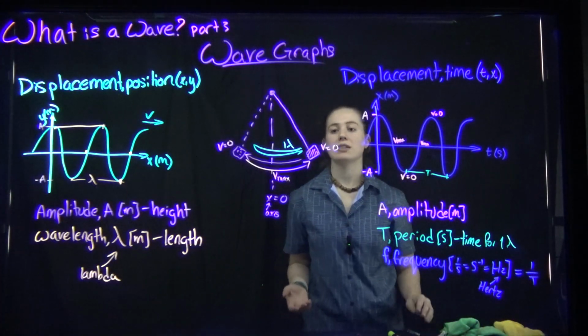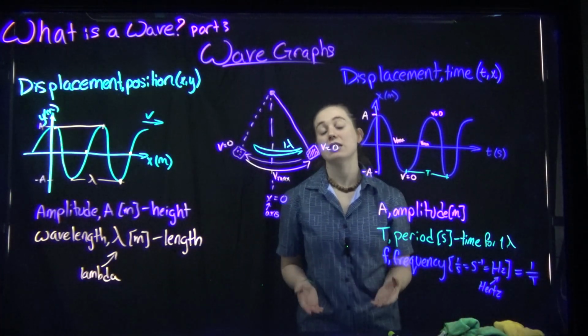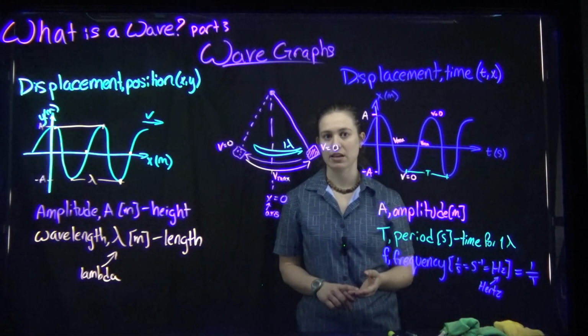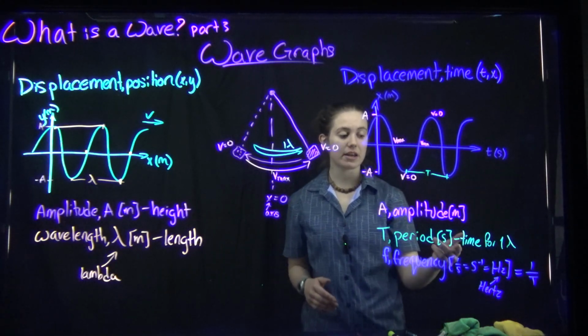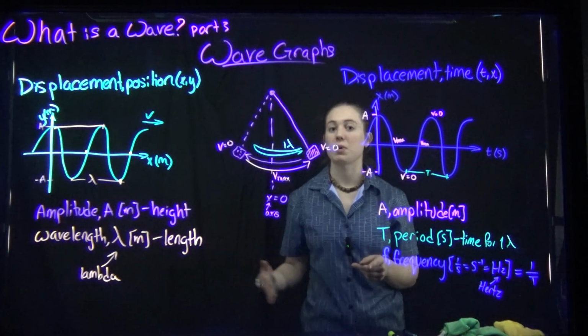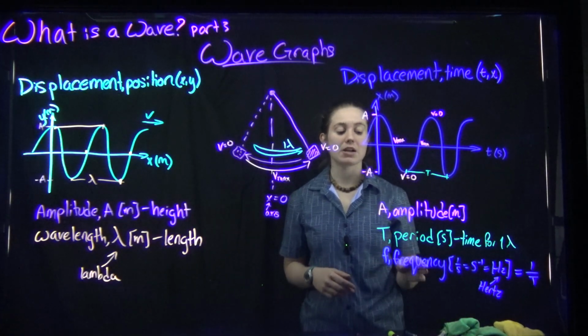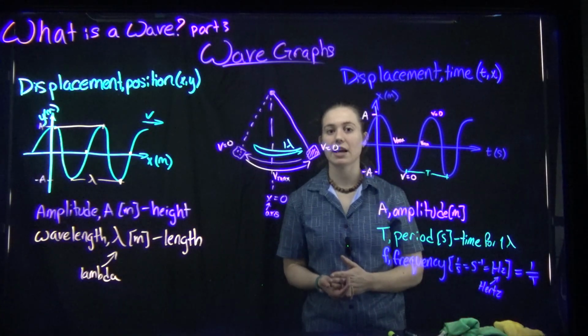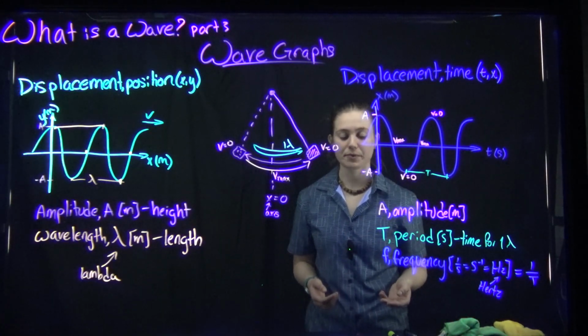So our frequency is essentially how many wavelengths came through in 1 second. For measuring period, we set the length to be one wavelength and measured whatever time that would be. When we're measuring frequency, we say we've got 1 second, how many wavelengths came through.